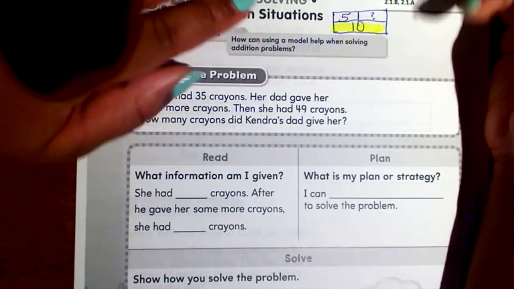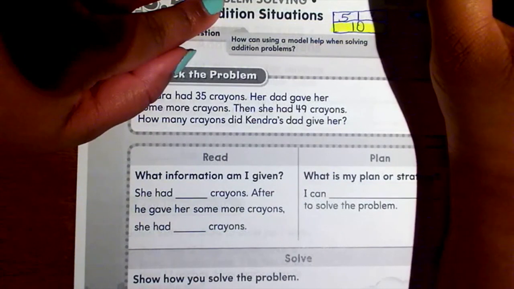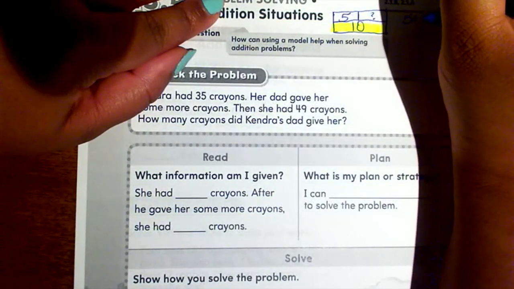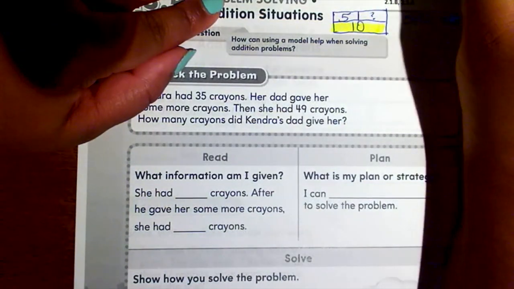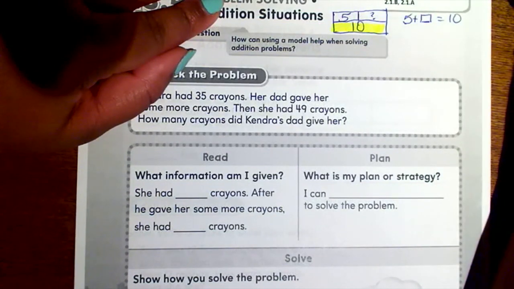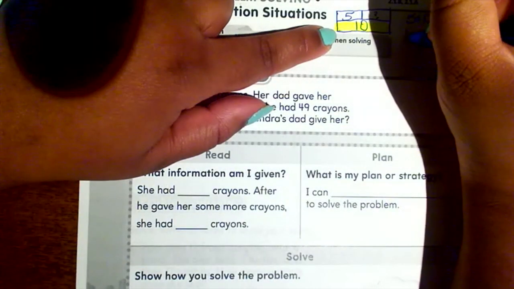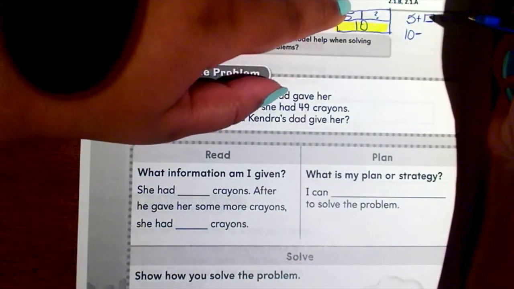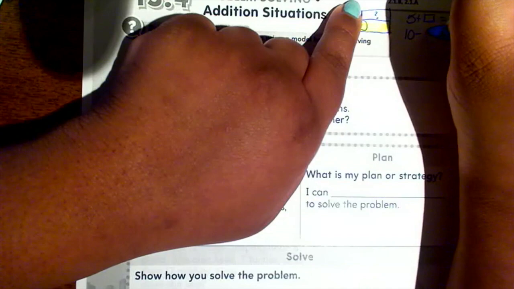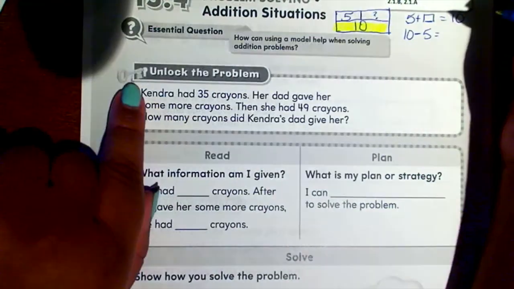So there's two ways you can solve for this. Way number one, you can say 5 plus some number I don't know is equal to 10. Or you can say, well, if I have 10 and I take away this 5, it'll give me the other part that I'm missing.